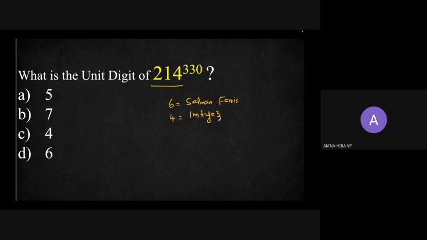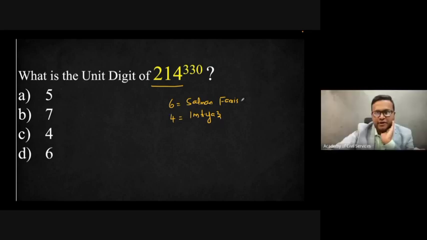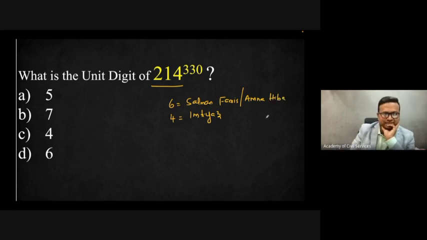Option D, 6. What is your name? Amna Hiba. Yes. Anyone? Be confident. Whatever answer you are getting, you tell me the answer. The class will become interesting only if you interact with me, especially the CSAT class.